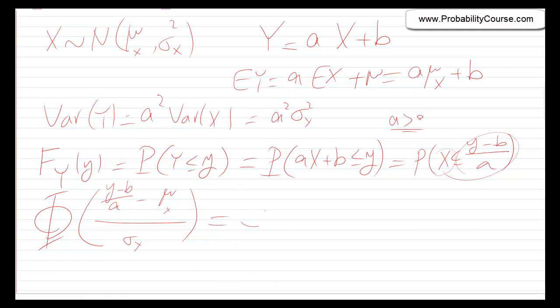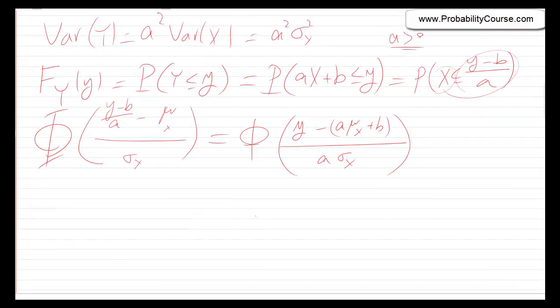This is going to be phi of (y minus (a mu x plus b)) divided by a sigma of x. So this is the same as the CDF of a normal random variable whose mu is equal to a mu x plus b, and whose sigma squared is equal to a squared sigma squared of x.